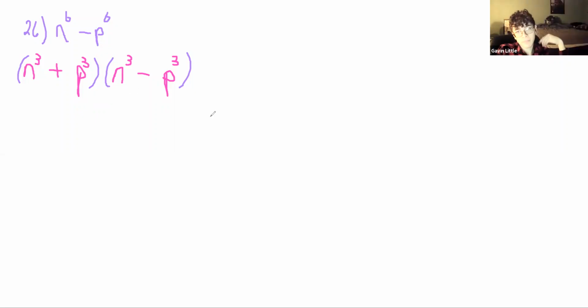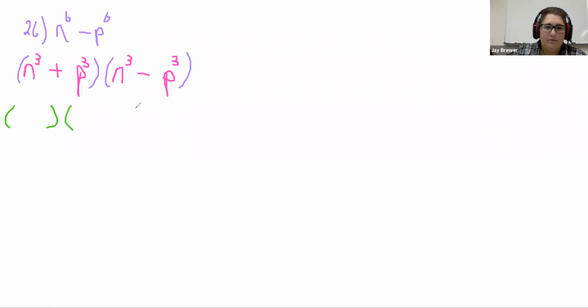Cubic, okay? So on Monday, we did something called the sum of 2 cubes and the difference of 2 cubes. And I told you it kind of works in a nice little pattern, okay? So we're going to have one binomial and a trinomial, and then we're going to have a second binomial and a second trinomial. Why? Because we have a sum of 2 cubes and a difference of 2 cubes.